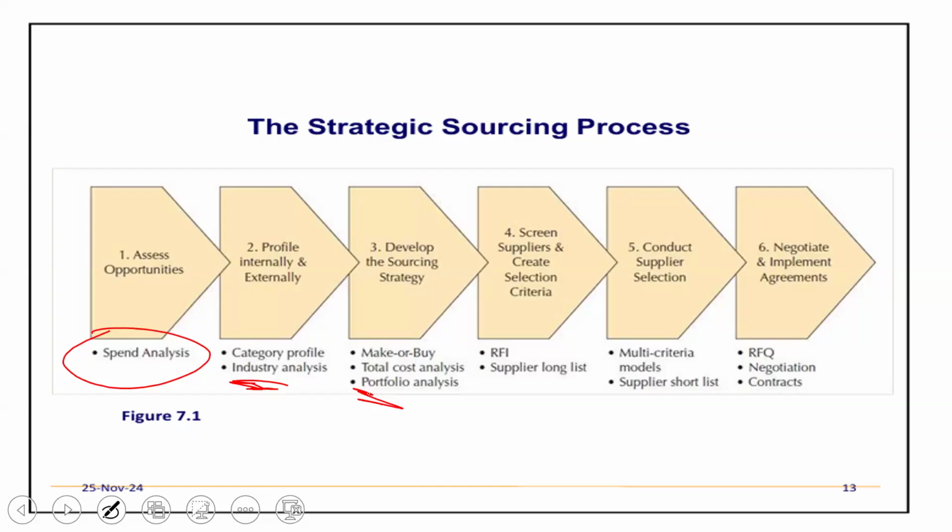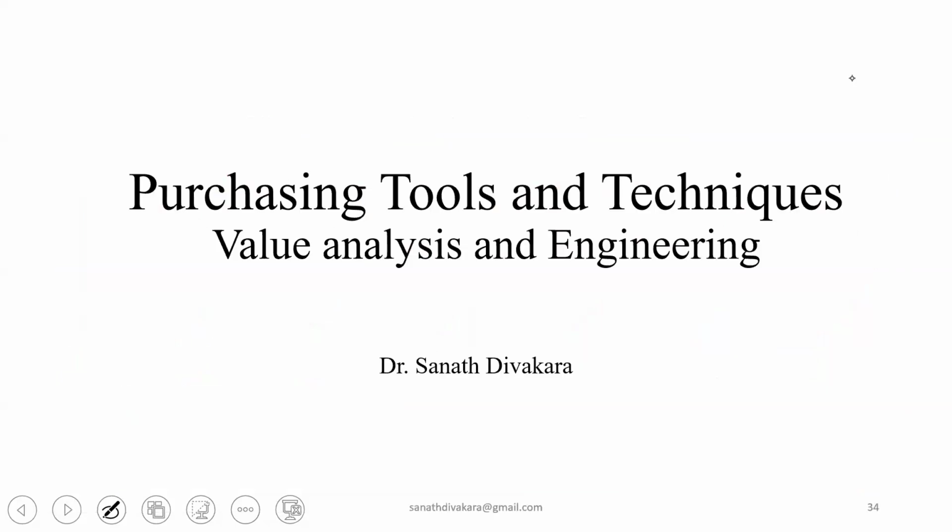Then RFI, request for information, then the supplier long list. Then fifth, multi-criteria models and the supplier short list, and the last one is the contract, the agreements, the implementation stage. So this part you have discussed, right?